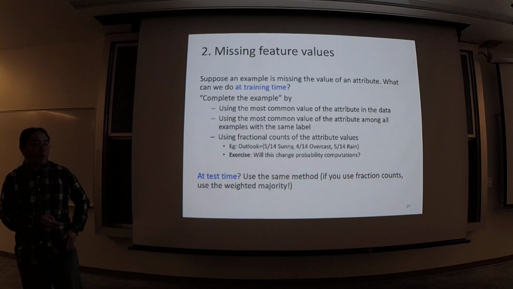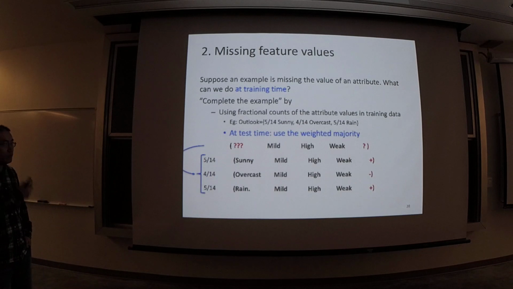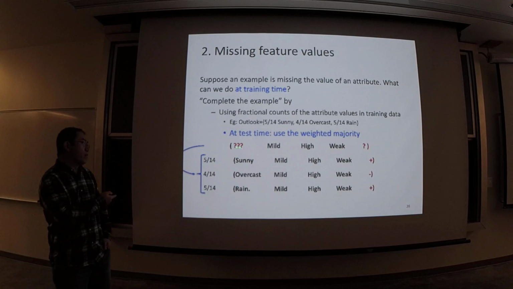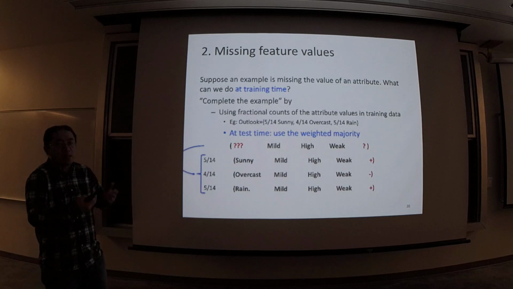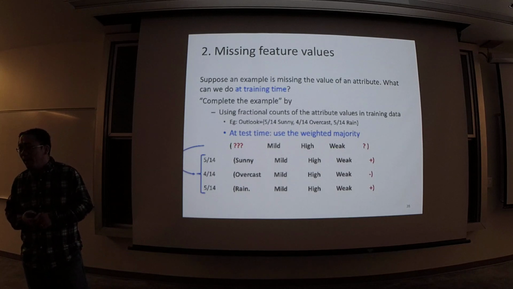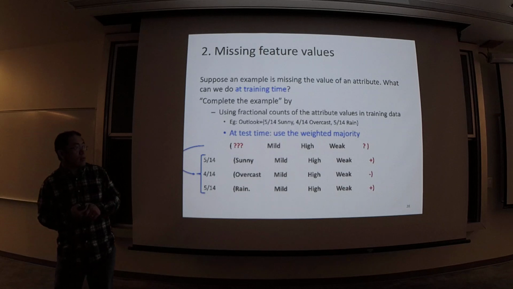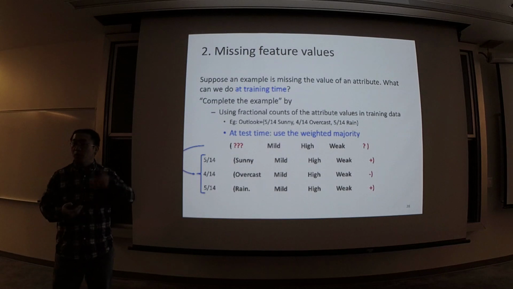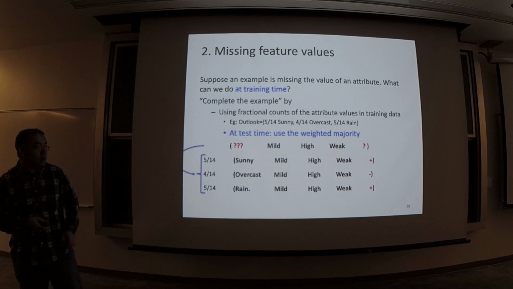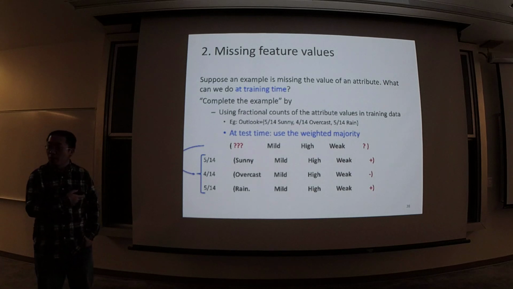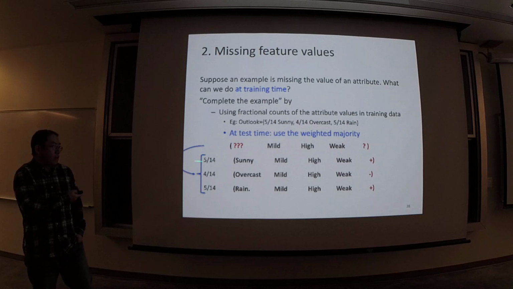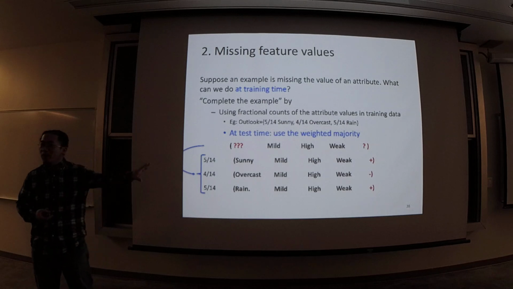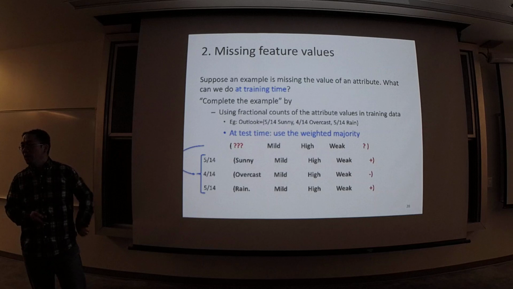Let us look at a concrete example. Suppose this incomplete example becomes my test example, and I do not know the outlook feature. Following the strategy of fractional counts, I can split it into 3 fractional examples, where each fraction is obtained by calculating the proportion of each distinct feature value in the training set.